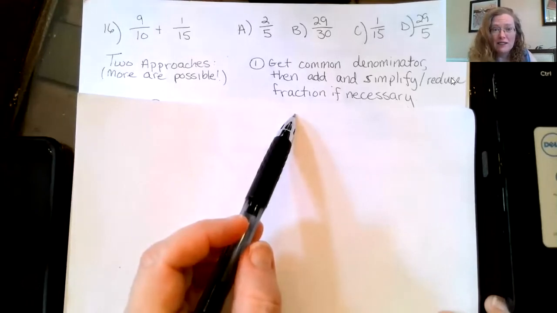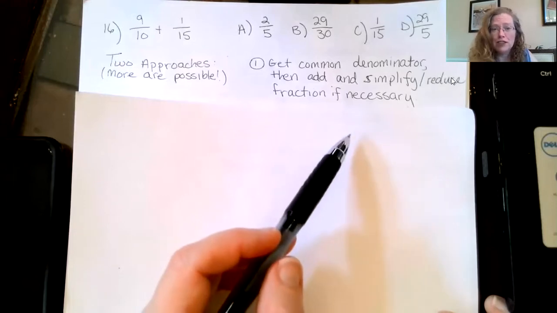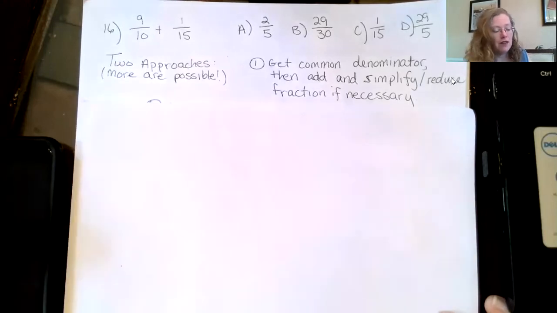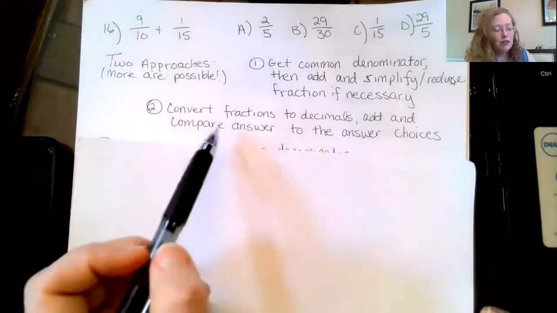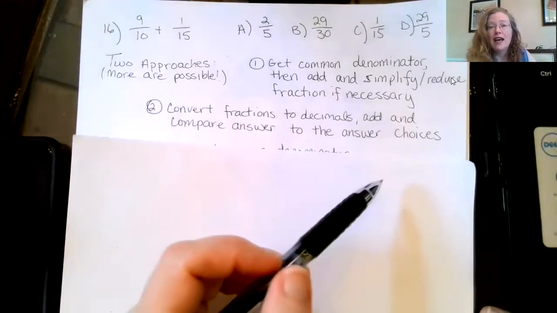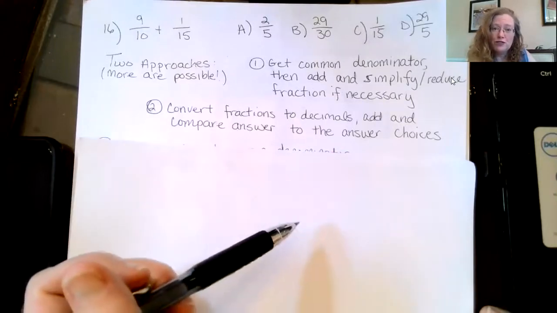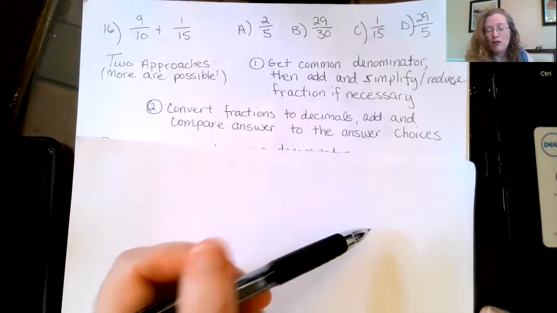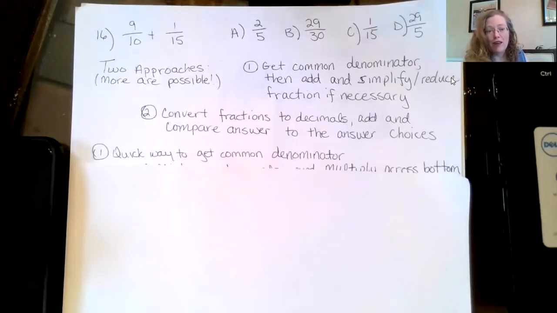Then you can add the fractions together and simplify or reduce the fraction if necessary. The other approach, because it's a multiple choice test, is to convert the fractions to decimals, add those values together, and then compare your answer to the answer choices. First, we'll try just getting the common denominator and solving the problem that way.